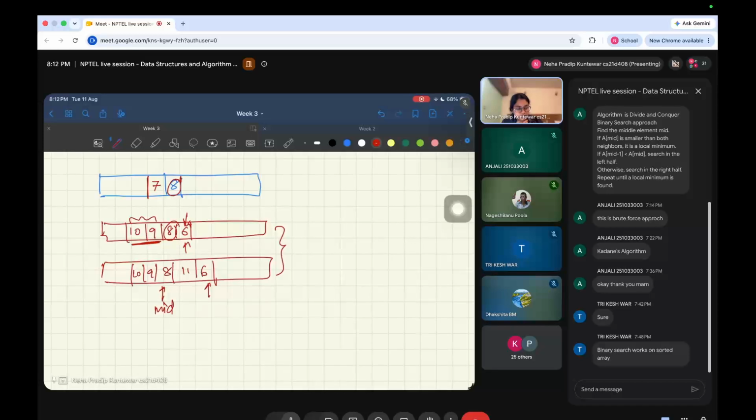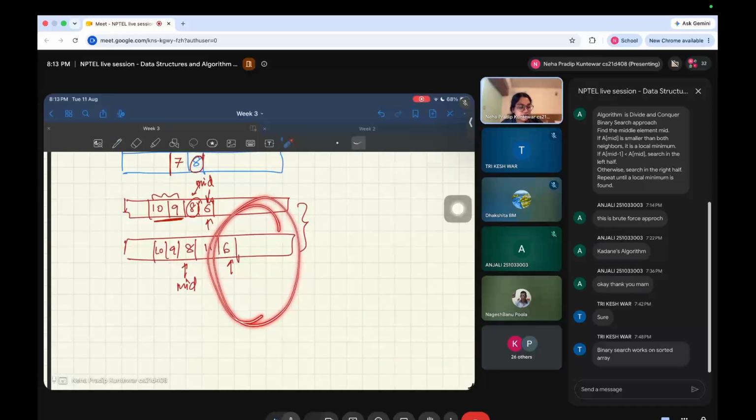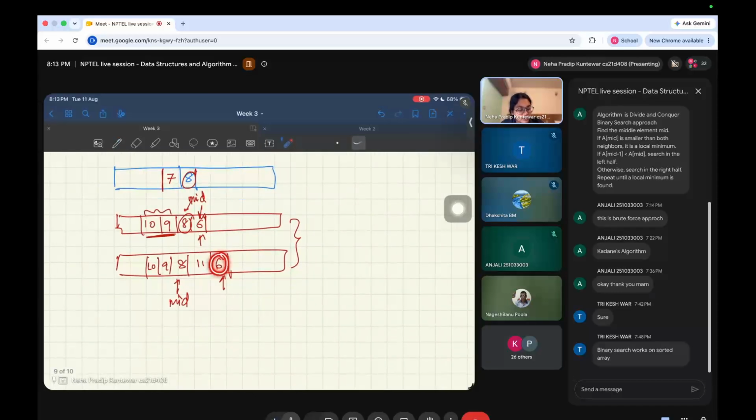This is our mid. We shift to the left side only. Left side or right side? Because if you shift your left pointer, that is you are shifting to this side, then if this is your new L, you have made sure that this element is a minimum with respect to the left side.